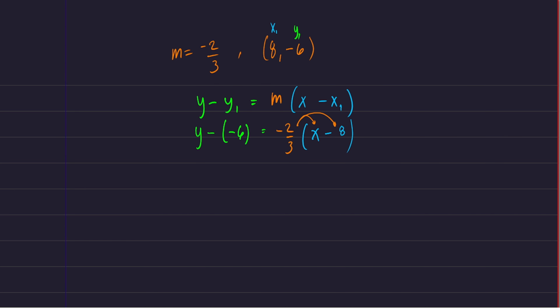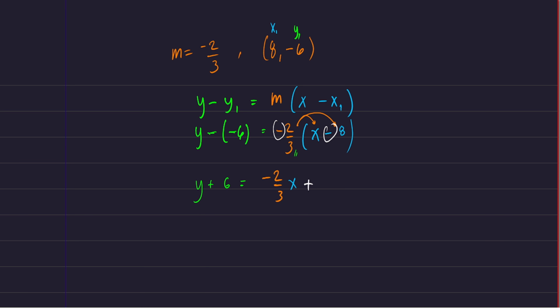Y minus negative 6 is y plus 6. Kasi since negative, magiging positive sila. Then, i-distribute natin tong negative 2/3 sa loob. So, we have negative 2/3 x. And then, next is negative 2/3 times negative 8. Alam natin na negative times negative is positive. So, magiging plus na yan.